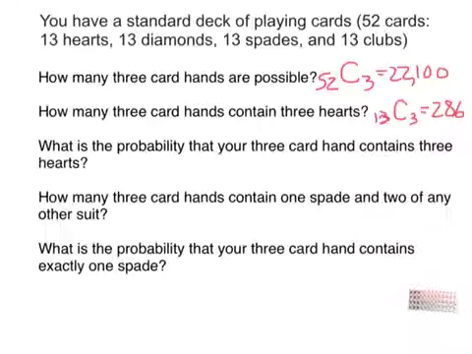So now the third part question is going to ask, what is the probability that if you're dealt 3 cards, that your 3-card hand contains 3 hearts? Well, the likelihood of getting 3 hearts is the number of ways you can get 3 hearts, which is 286, out of the total number of ways that you can be dealt 3 cards, which is 22,100.